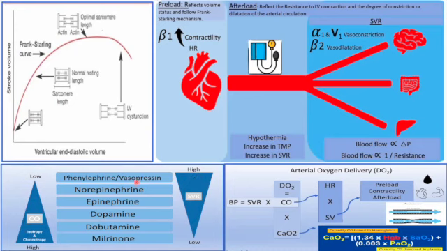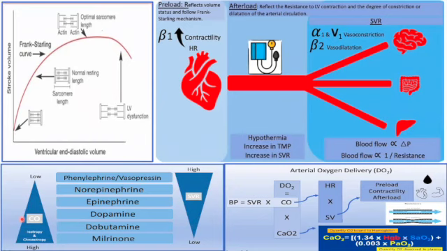So it will be a good option if you want to induce significant peripheral vasoconstriction without any effect on cardiac output. While going down, the effect on systemic vascular resistance will decrease, but you will get a good effect on inotropy and chronotropy, which leads to an increase in cardiac output. So this is what we discussed in our presentation last time.